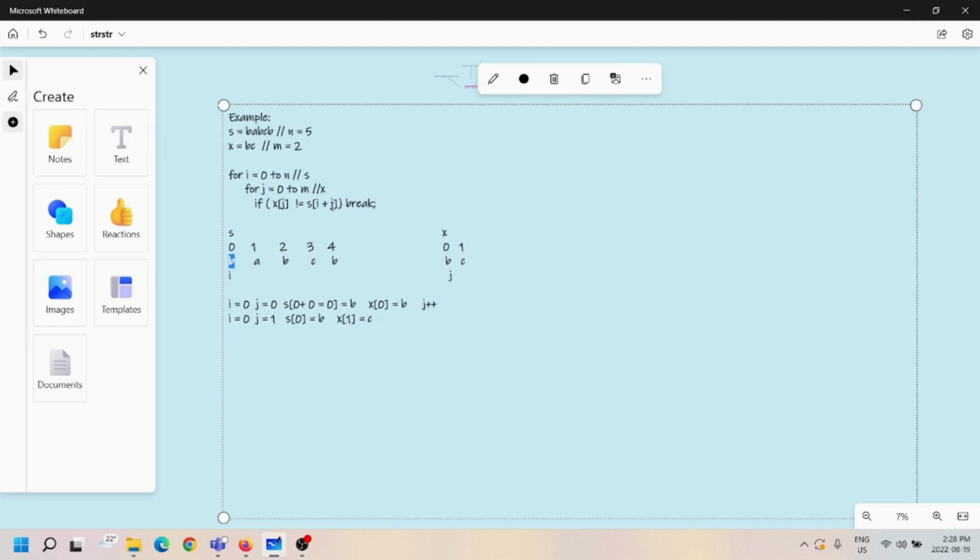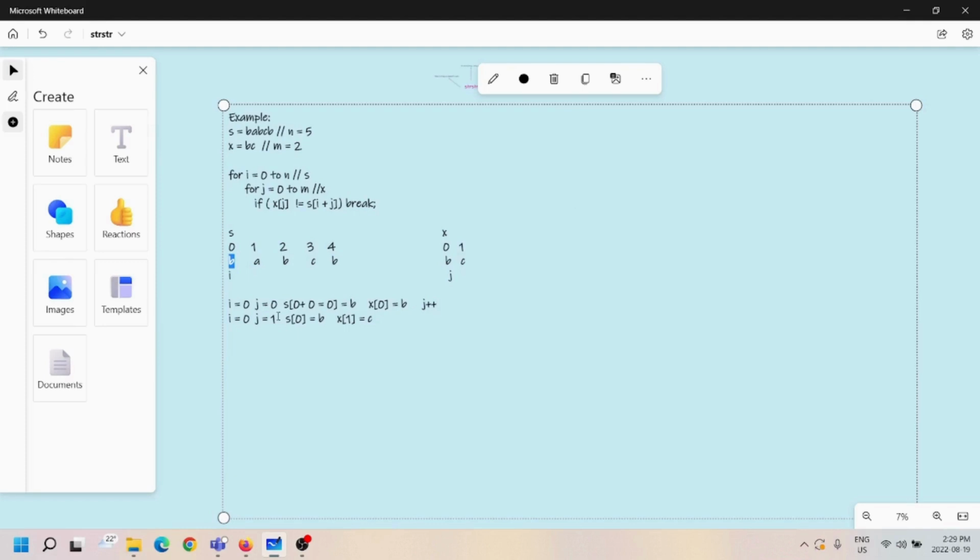By doing this, we are not skipping it, and you will understand that if you actually go one by one with I and J different values throughout the loop, which I'm going to do for you, and then you will understand this I plus J is not missing any value, or it is not surpassing any value. We are smartly picking the value which we want to pick for the comparison. So when both of them are 0, S is still at 0 and we got the match, we're incrementing it.